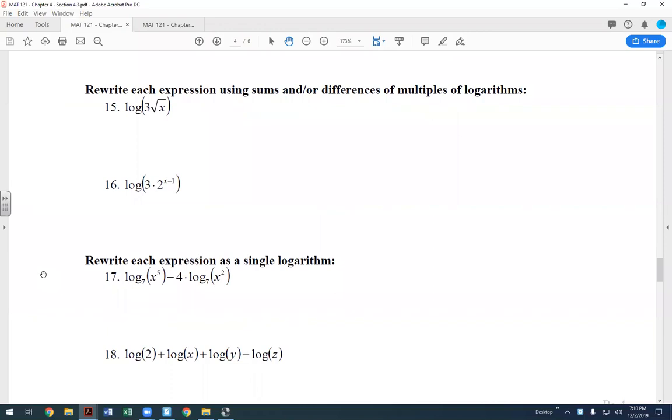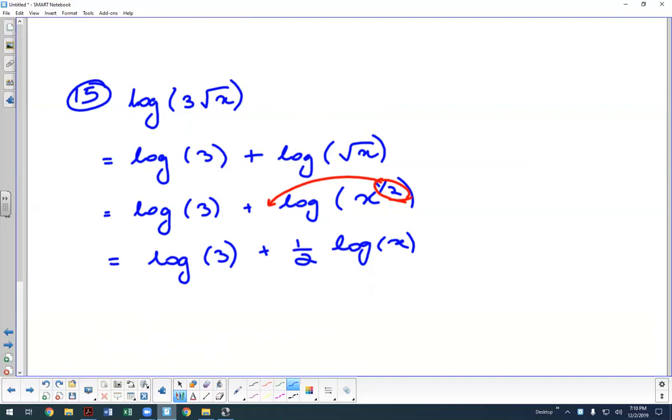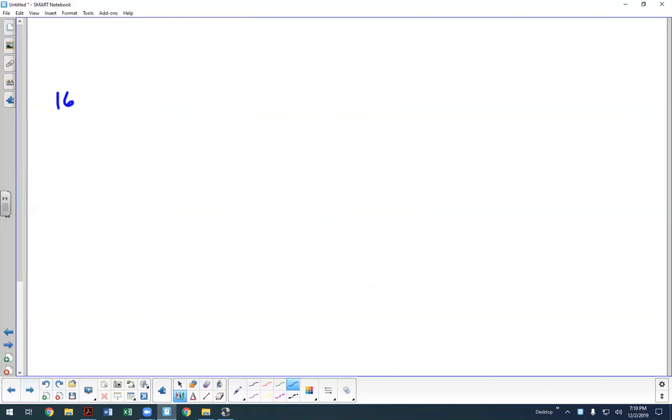3 times 2 to the power of x minus 1. That's a good start. Now what will you do with the exponent? The exponents.